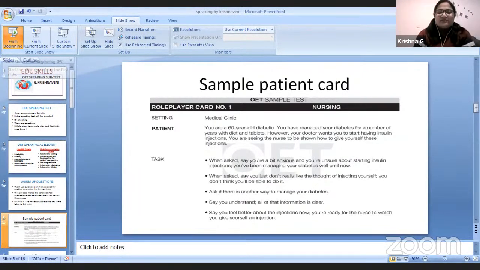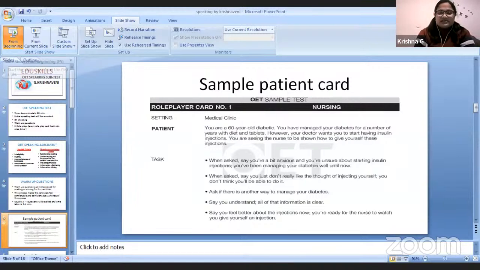Why? Because if the patient is saying something, and for example, it is not mandatory that the role play card goes task one, task two, task three, task four. The examiner or interlocutor can jump from the first point to the third point. So if you are not keenly listening to the patient, you can't give the opinion or the information to the patient correctly.